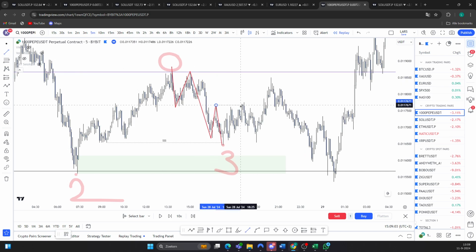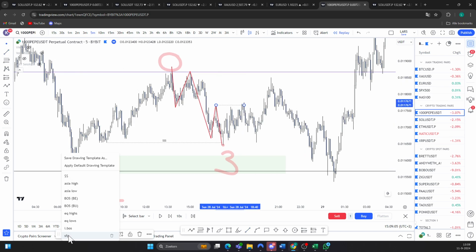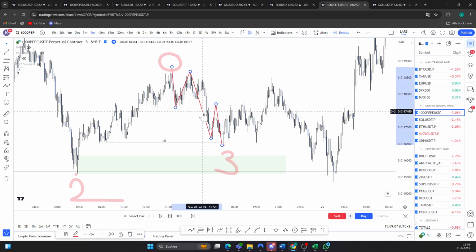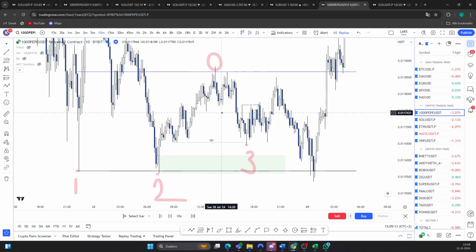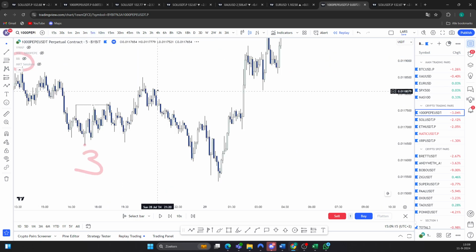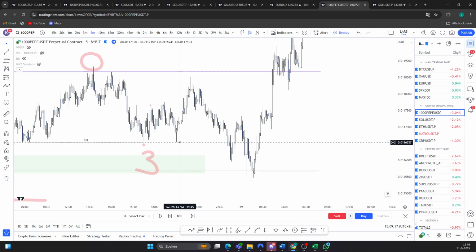That would make this right here your market structure high. We can clearly see that on our first attempt we failed because we SFP'd it. We did not break above it. It's our 5-minute market structure, so we failed and we got the move down.